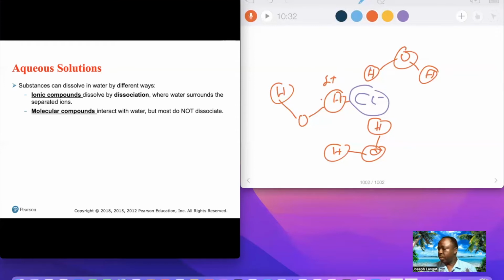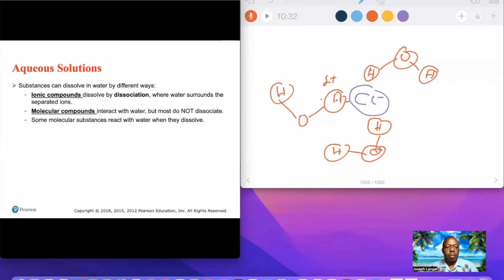Molecular compounds are compounds made up of non-metals, such as glucose or sucrose, for example. When they dissolve, they just exist as molecules.